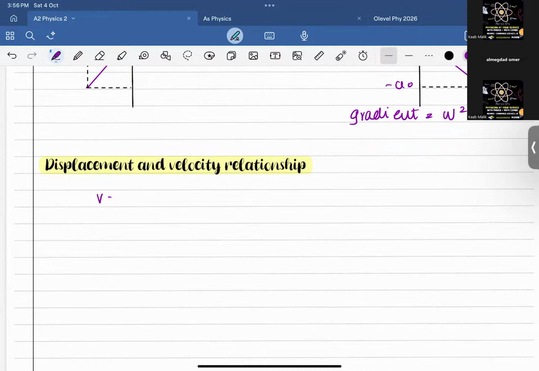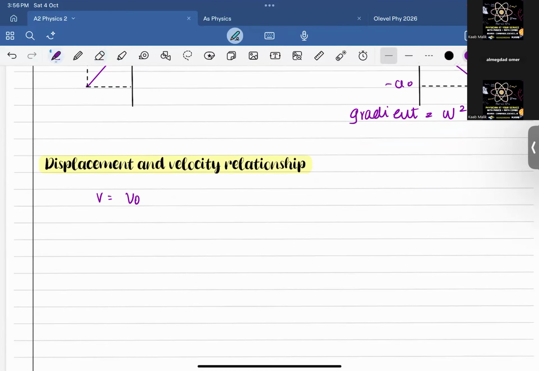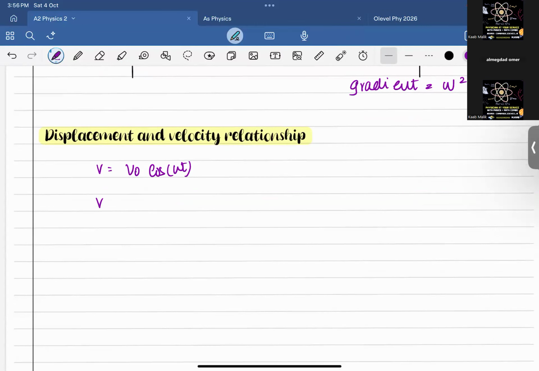We actually have the equation v equals v naught cos omega t. And you can replace v naught with its formula, and that is x naught omega. So v equals x naught omega cos omega t.